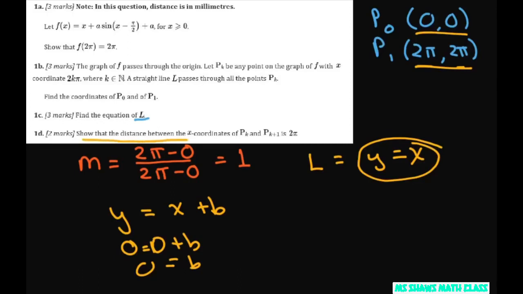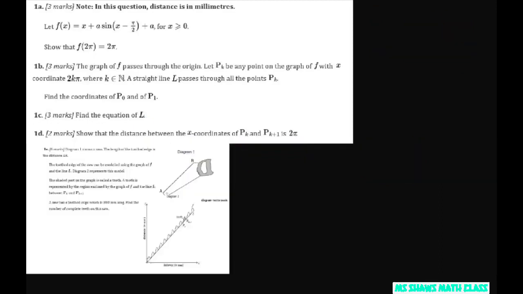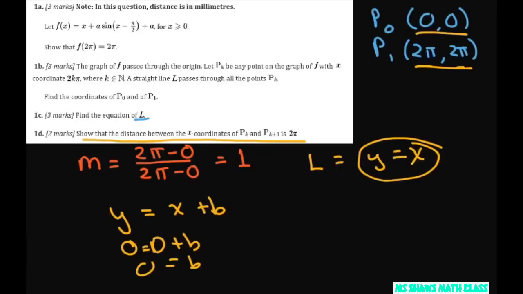Show that the distance between the coordinates P_k and P_(k+1) is 2 pi. So for that one, let's just do it here since I have that there. We're going to let P_k equal 2k pi, because that's what we have, the x coordinate.